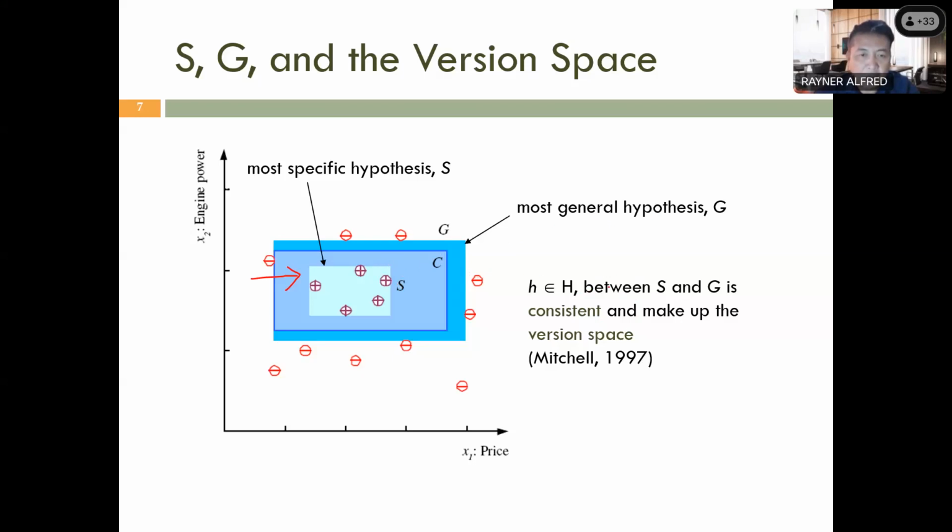The H belongs to the capital H, which is the general hypothesis between S and G. So this is the minimum size that covers the positive, and this one is the maximum size that covers not the area that includes negative.